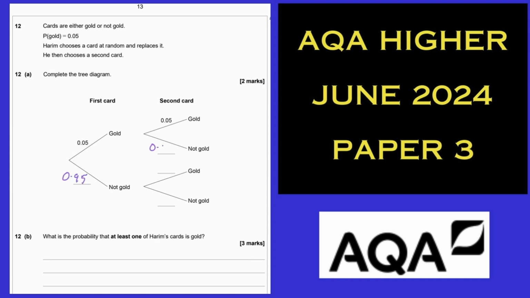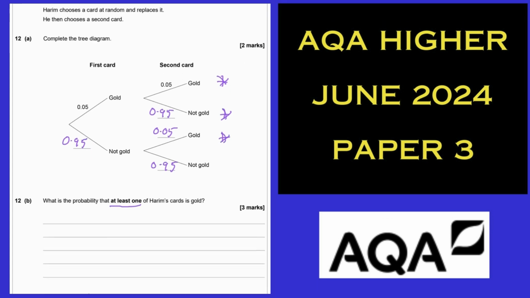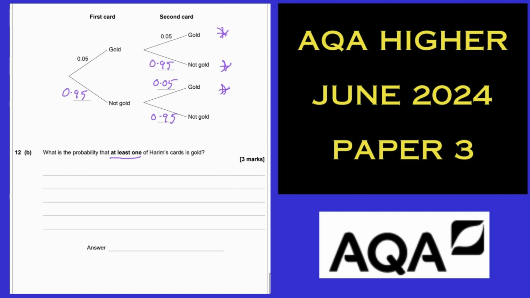Number 12, I think a nice bog standard probability tree diagram. There's nothing in the question, none of that waffle, that tells you the numbers change for any reason. So there you go. Part B, what's the probability of at least one? So there's both gold, one gold, one gold. You could work out the probability of all three of those, add them together. It's on the calc paper. It wouldn't take you too long.